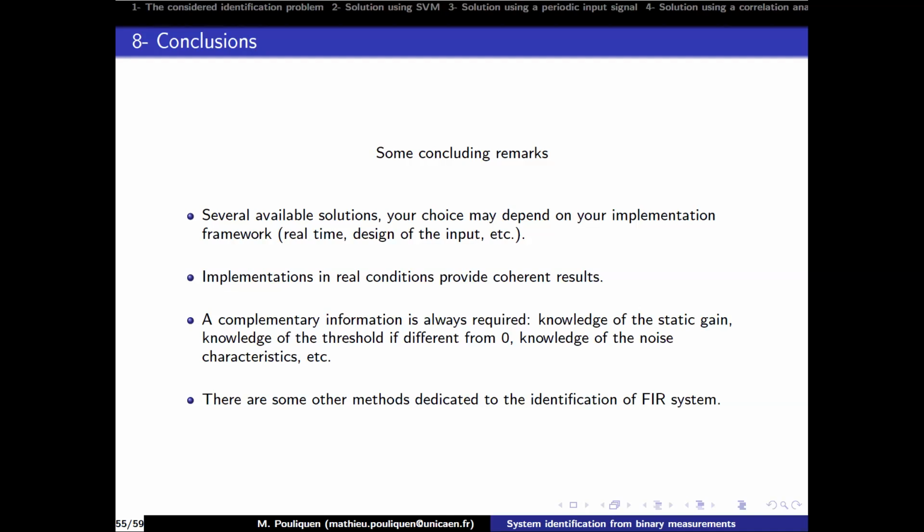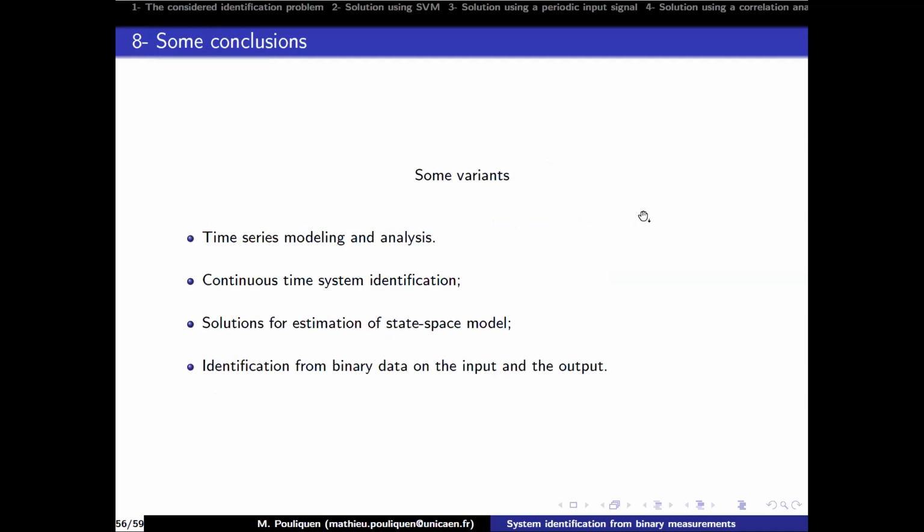Here I just present results for finite impulse response model, but we can do identification of time series with binary data, possible. Continuous time system identification, possible also. State space model, also possible.